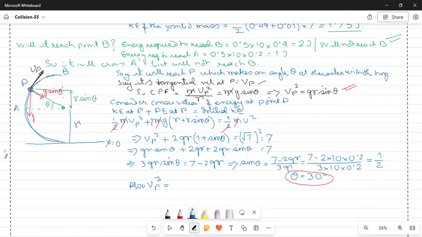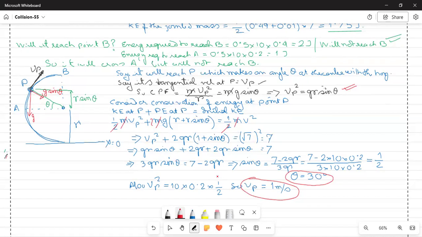So Vp square is equal to g which is 10, multiplied by r which is 0.2, multiplied by sine theta which is half. So Vp is equal to 1 meter per second. These are the two important relations that we have got, right?